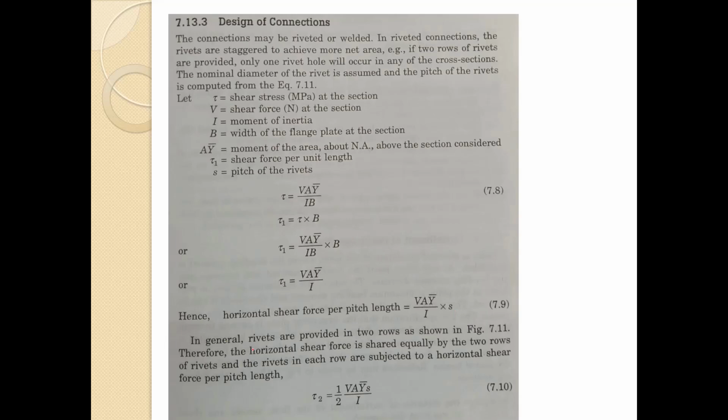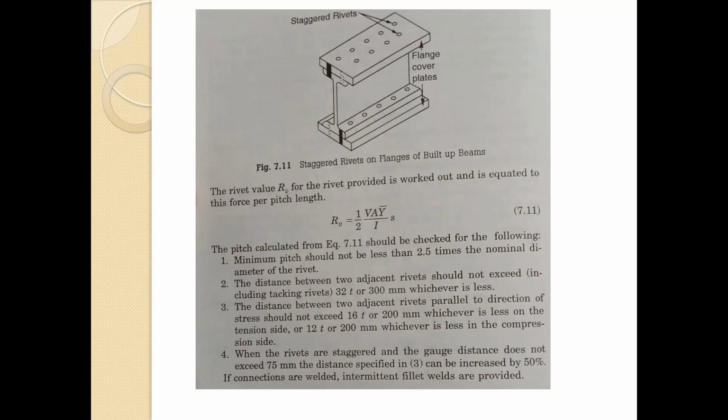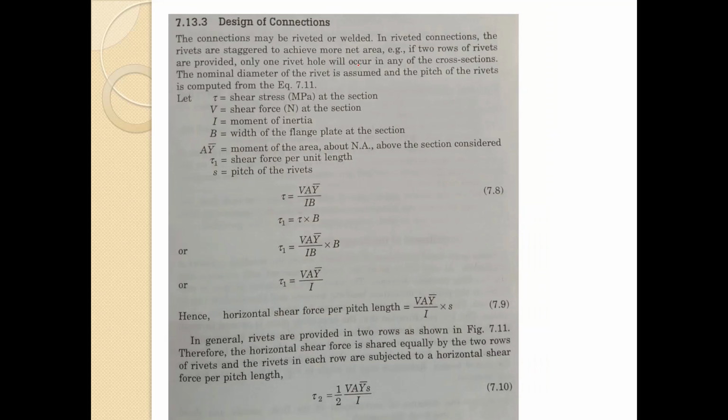In general, the rivets are provided in two rows as shown in the figure that we have discussed earlier. So this is the connection between this I section and the plate, and these staggered rivets have been provided. Therefore, the horizontal shear force is shared equally by the two rows of rivets, and the rivets in each row are subjected to a horizontal shear force per pitch length.